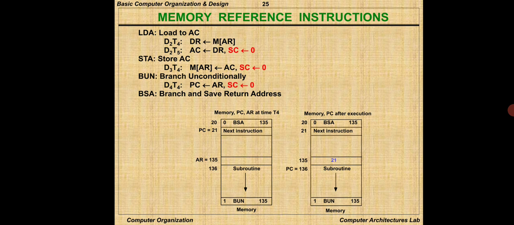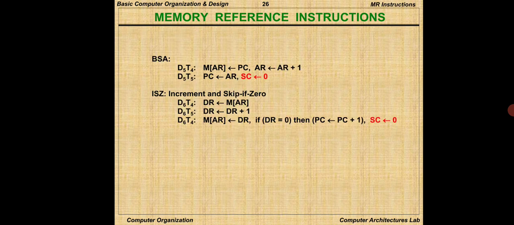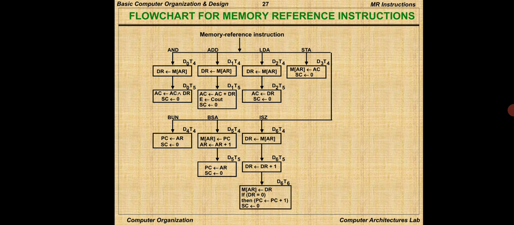Branch unconditionally means that without any condition we are going to branch, whereas branch and save the return address saves the return address. Increment and skip if 0: the memory value is moved to the data register, the value is incremented by 1, and then that value is stored back into the memory address from where we got it.